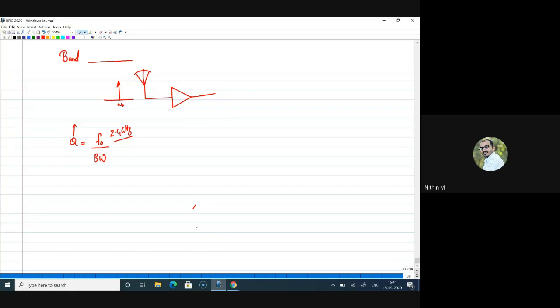So for that reason, we generally do this filtering process in different stages. That is why we employ something called a band select filter, which is to select a band. And later down the stage, we use something called a channel select filter. This is only one architecture I'm talking about, where we use multiple filters. There are different ways receivers can be designed.